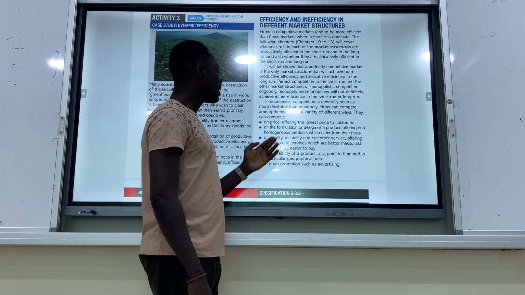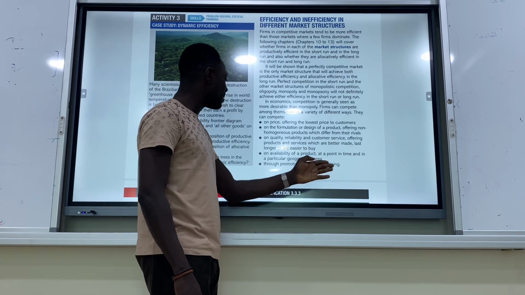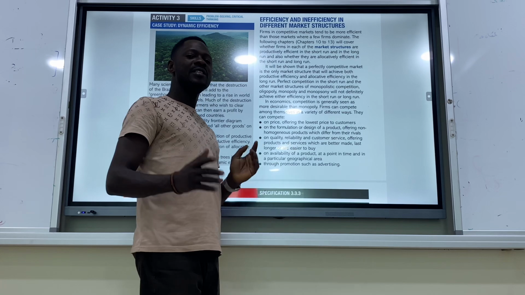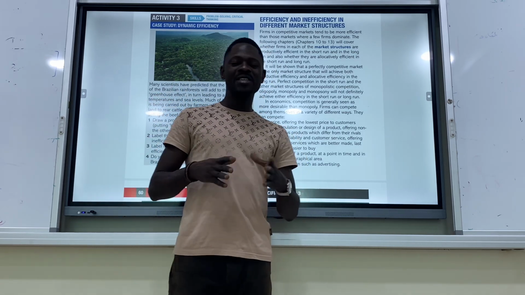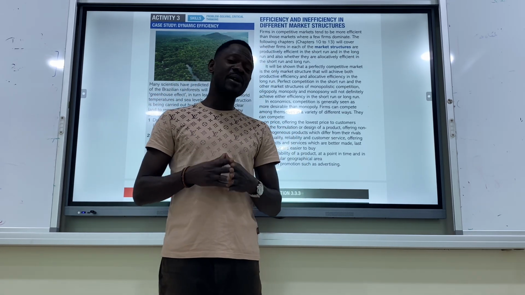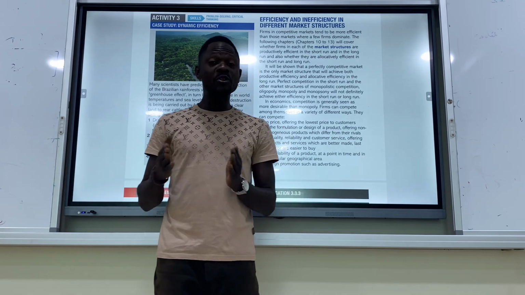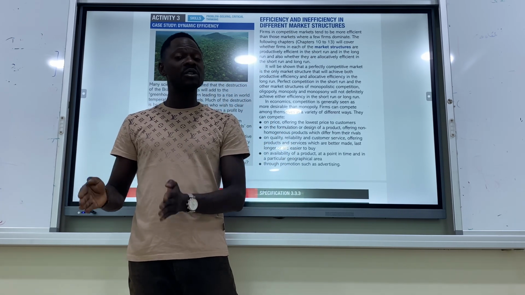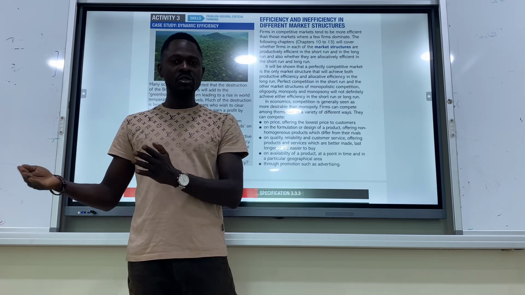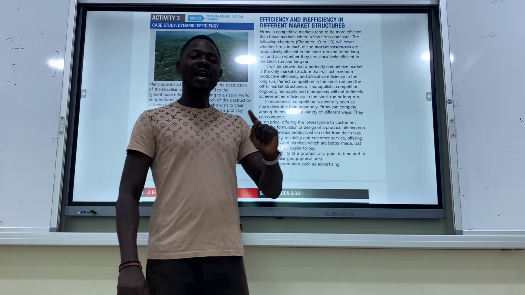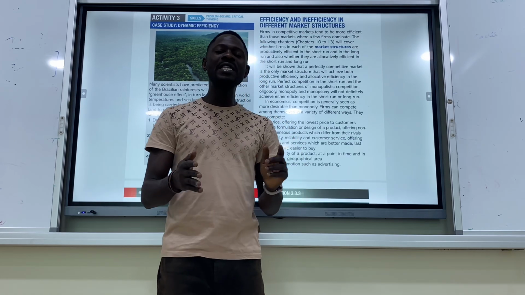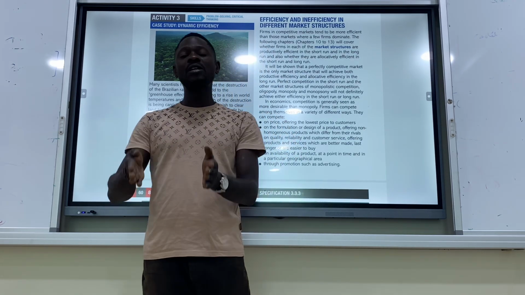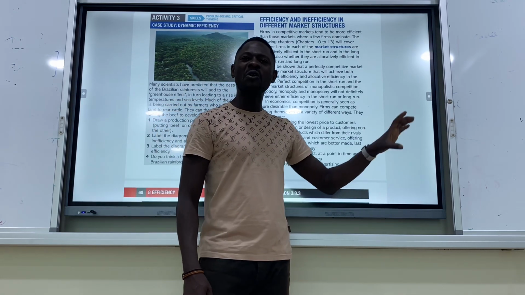The next one, on availability of a product at a point in time in a particular geographical area. This talks about consumers' convenience. Being in a competitive market, it is not just about being productive efficient. Firms must not only think about being productive efficient by selling at a reduced price. They should also think about allocative efficiency through selling with the right channel of distribution, to consumers' convenience.